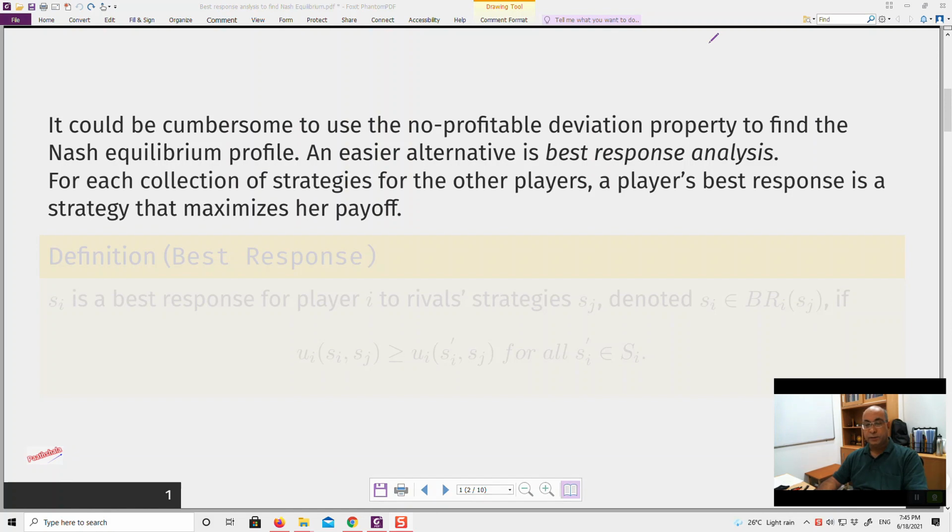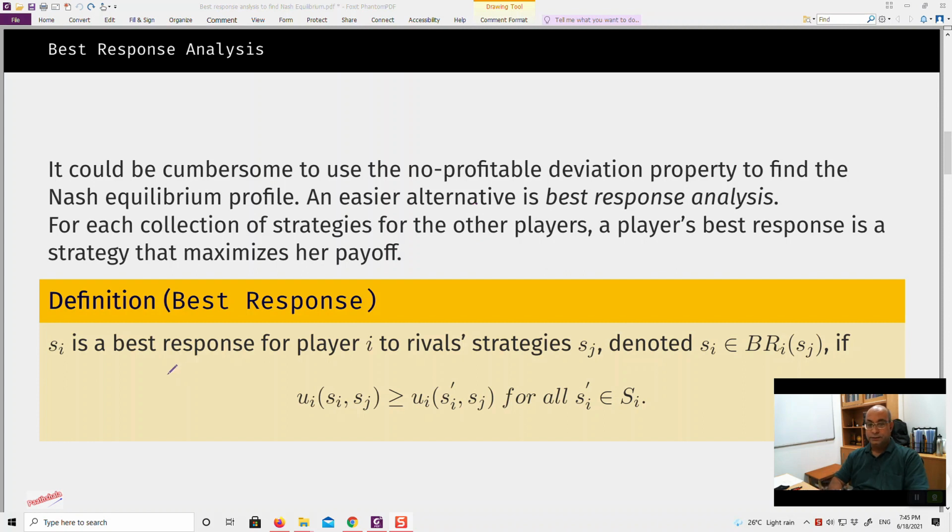So how do we finally define the best response? We say that an action S_I is a best response for player I to rivals' strategies S_J, and this is denoted as S_I in the set of best responses of player I against the strategy of player J, S_J, if this particular condition is satisfied. And what is this?